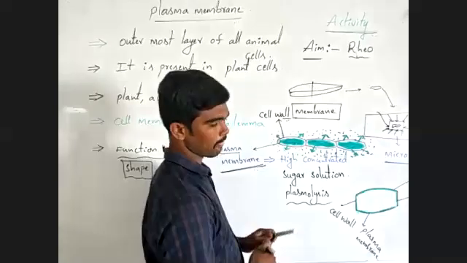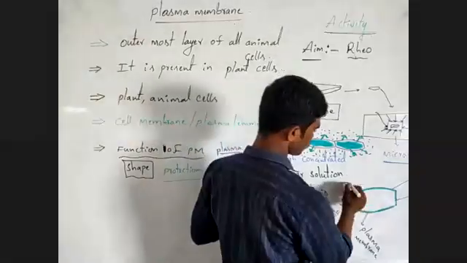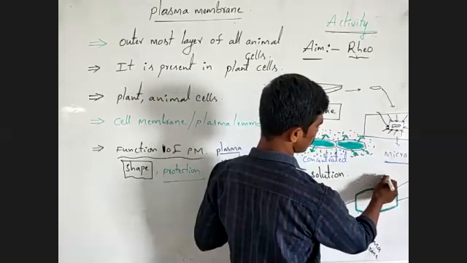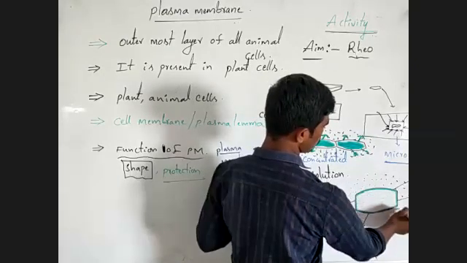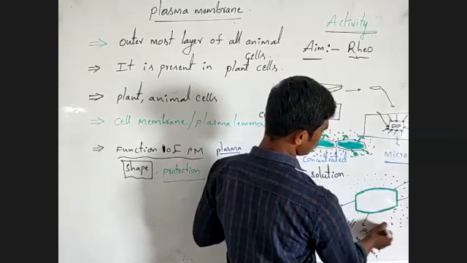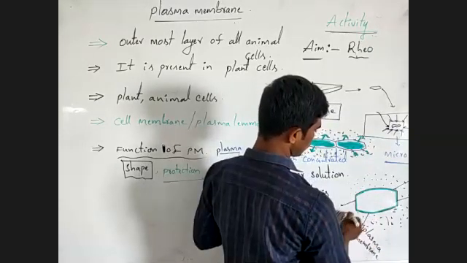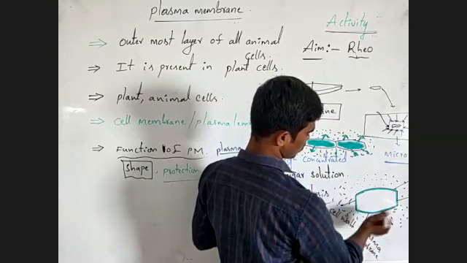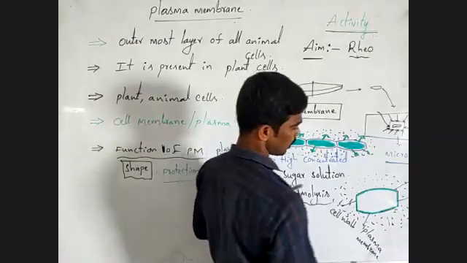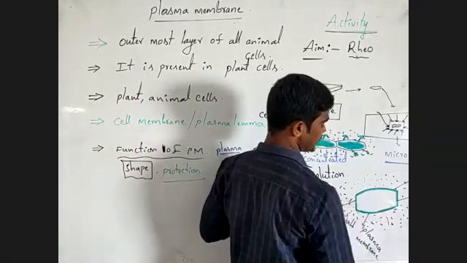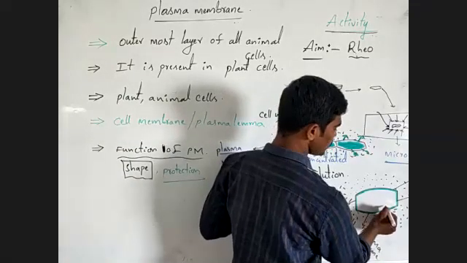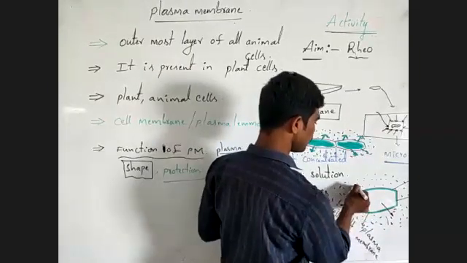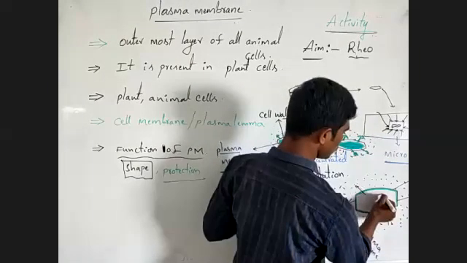When we add the hypertonic sugar solution around the normal cell, because of the osmosis process, water present in the cytoplasm is transported out of the cell.